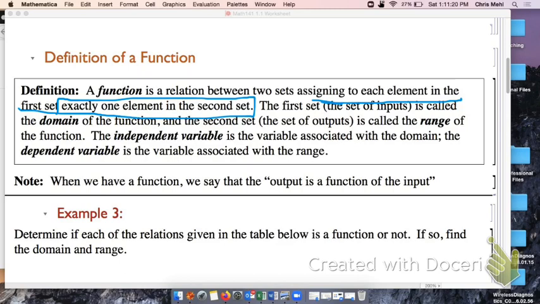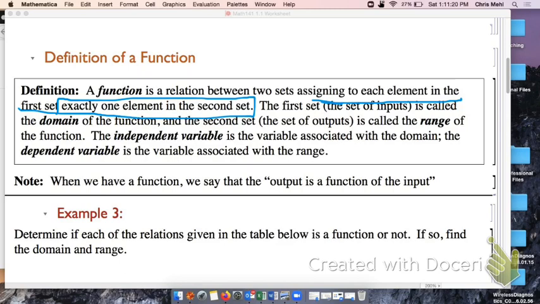So anything in the domain, or the variable that represents elements in the domain or set of inputs, is called the independent variable. Usually it's x that we use, but you can use any letter you like. The dependent variable is the variable associated with the range. Usually the letter chosen for the dependent variable is y, and that letter represents anything that could come from the range.